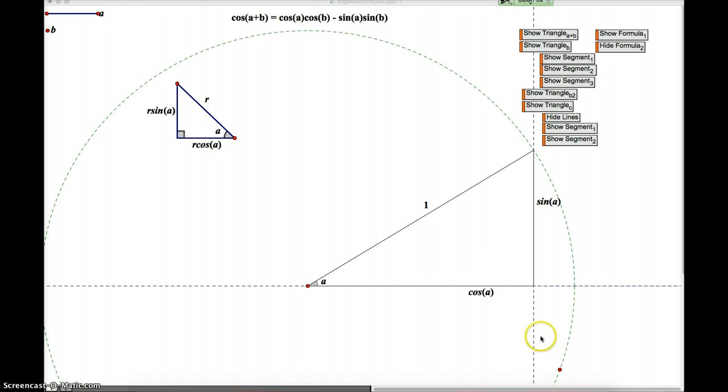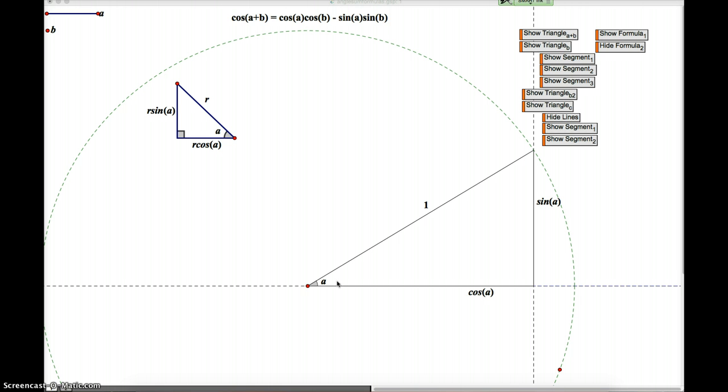So if we look here, we drew a unit circle and we drew a right triangle whose hypotenuse is the radius. Based on the previous relationship, the opposite side here from angle A would be the sine of A, and the adjacent side would be the cosine of A. What we'd like to show is the relationship for the sum of A plus some other angle.